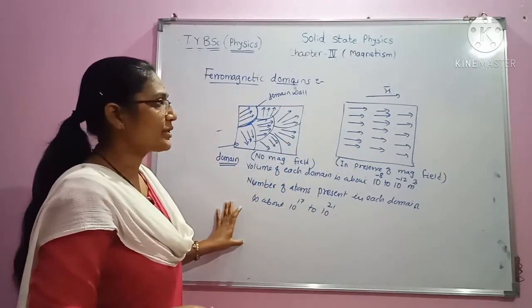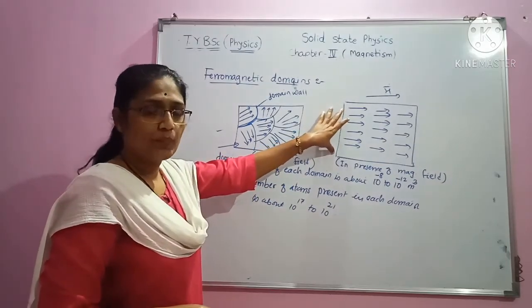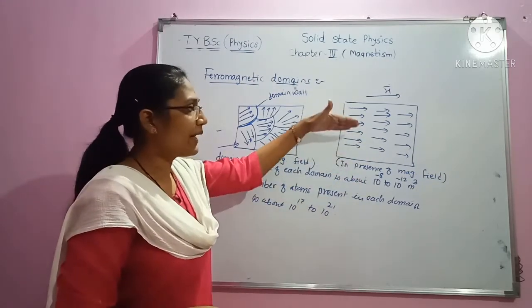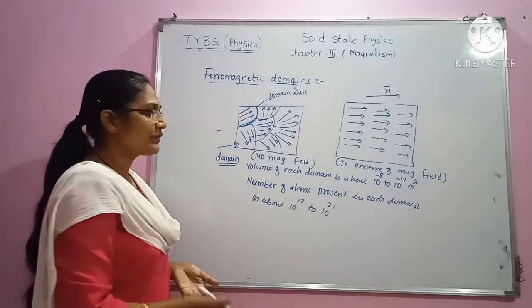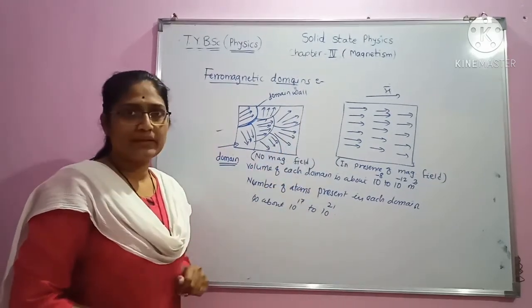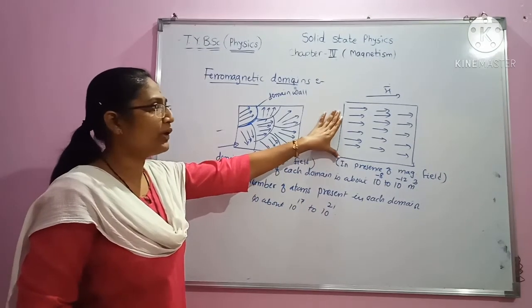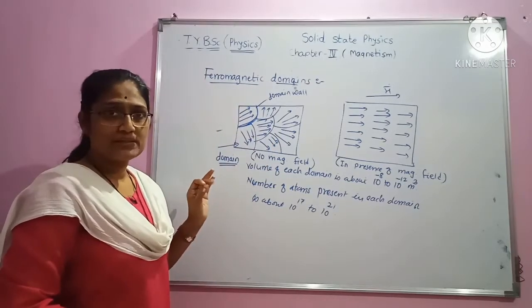At room temperature, the thermal vibrations are not sufficient to destroy this alignment of the domains, and hence even after removing the external magnetic field, the domains will not return to their randomness.